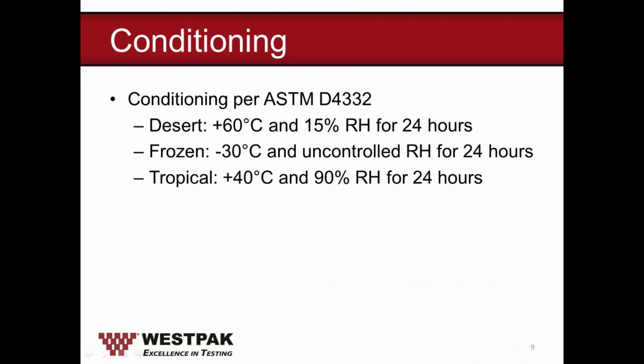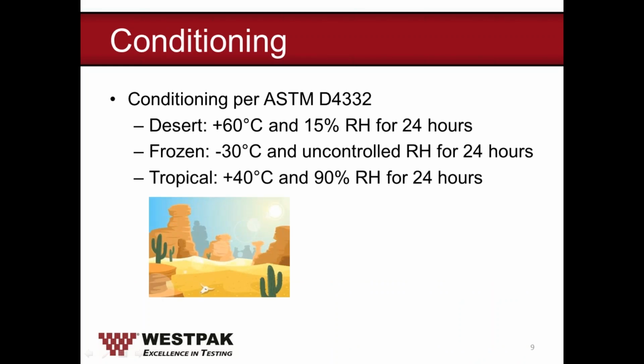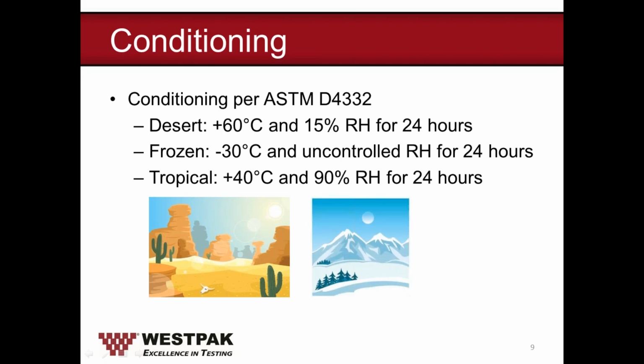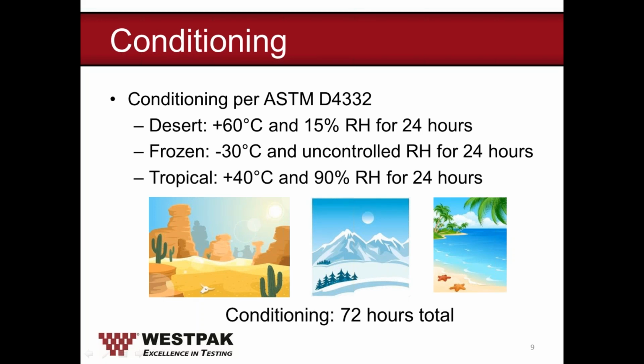It starts off with the desert condition at 60 degrees C and 15% RH for 24 hours, followed by the frozen condition at minus 30 degrees C and uncontrolled RH for 24 hours, and finishing with the tropical condition at 40 degrees C and 90% RH for 24 hours. That is a total of 72 hours of conditioning, not including ramp time.